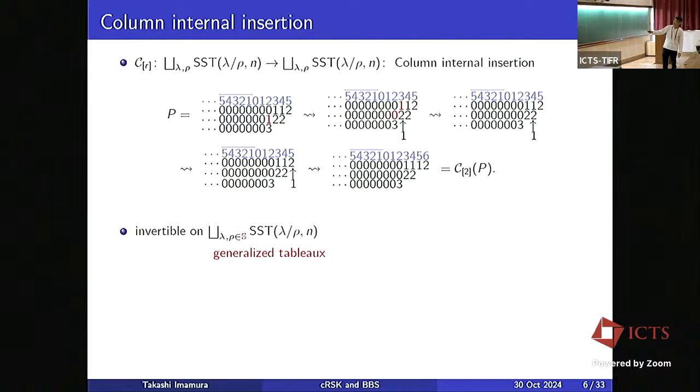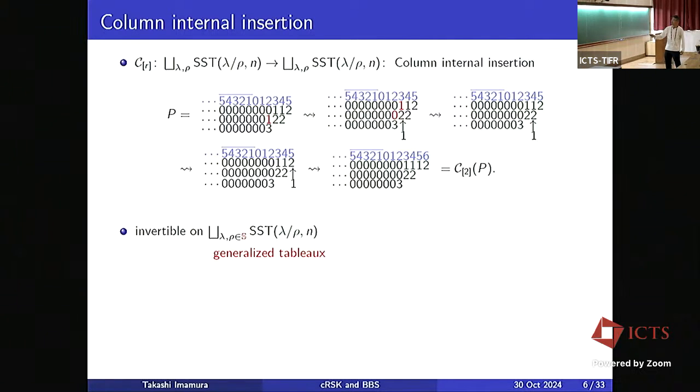This acts on a single tableau, a skew tableau, a generalized tableau like this. Let me explain this with a particular example: the action of C of 2 on this tableau P. This 2 is labeled as a column coordinate, so in this case we start by focusing on the second column.